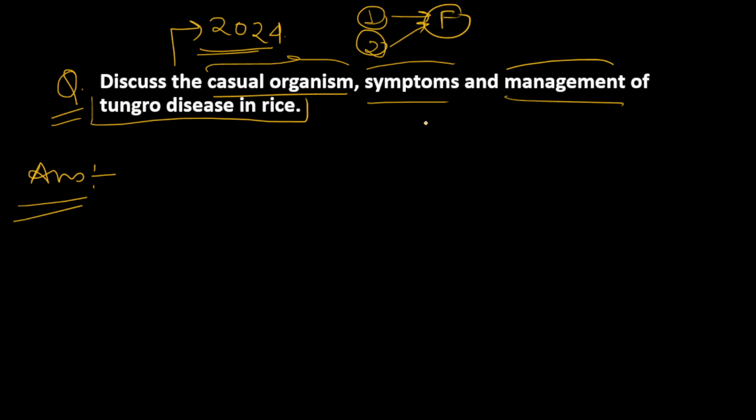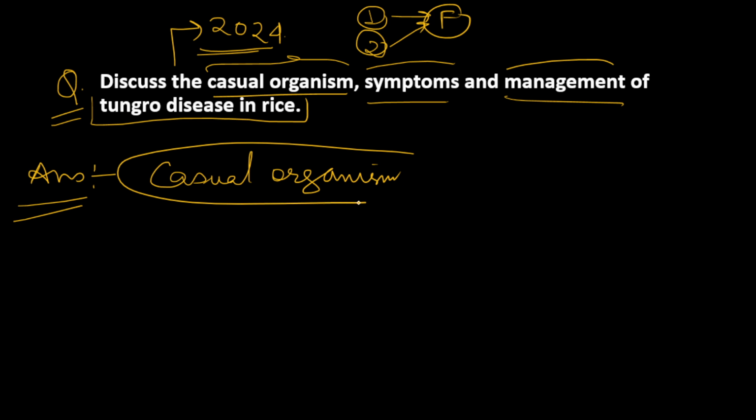Now let's move to the question. First of all, we have to discuss the causal organism of Tungro disease. Generally, Tungro disease is caused by two types of virus.